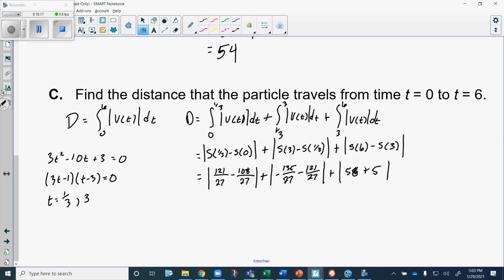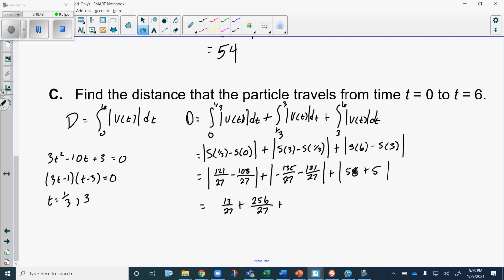And so here I'm going to wind up with 13 over 27 plus the absolute value of the middle terms, which are going to be 256 over 27. And the next one you can just add the 58 and the 5, but I'm again just doing this so I can have common denominators.